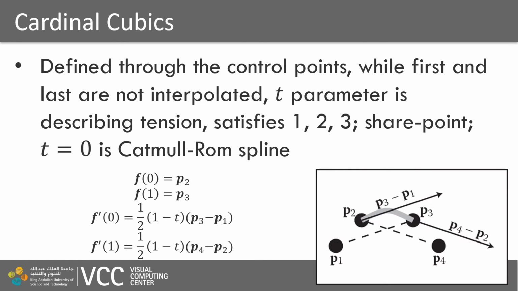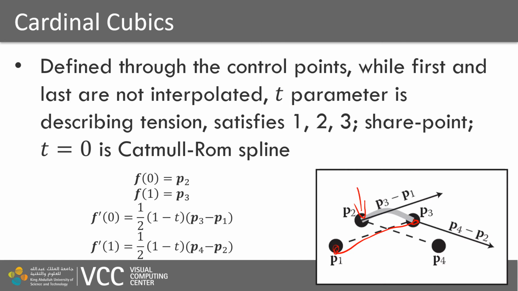For example, the derivative associated with the point P2 will be calculated as P3 minus P1. So the P1, P3 vector defines the tangent at the position P2.